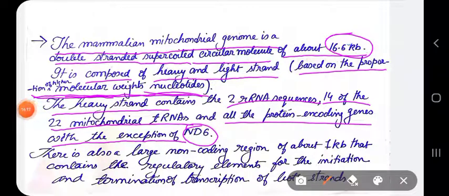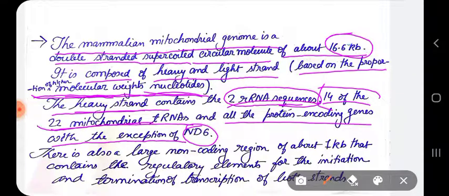So it is saying that the heavy strand contains the genes encoding two rRNA sequences. Then, most of the mitochondrial tRNA are encoded by the mammalian mitochondrial DNA: 14 out of the 22 mitochondrial tRNA, and all the protein-encoding genes with the exception of ND6.